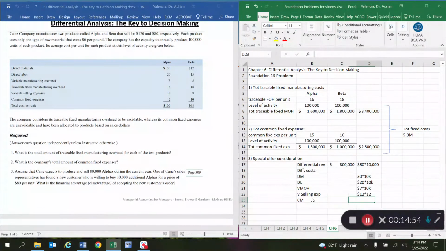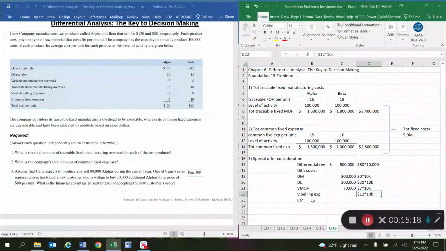If we have a contribution margin that's positive, then we may consider it. So this is 300,000. These are going to be negative, right? 200,000, 70,000. Oh, my apologies. This should have been 10K here. I don't know how that came about.